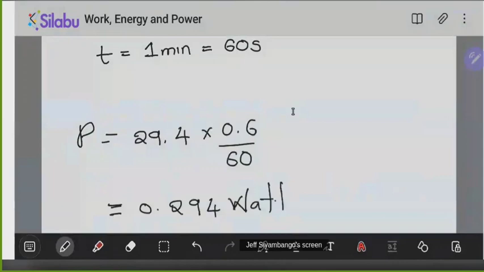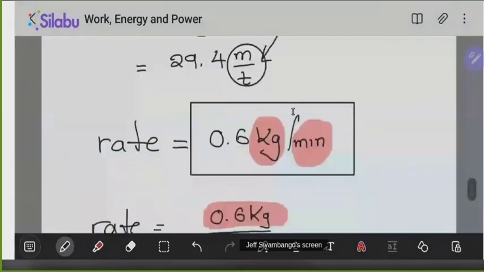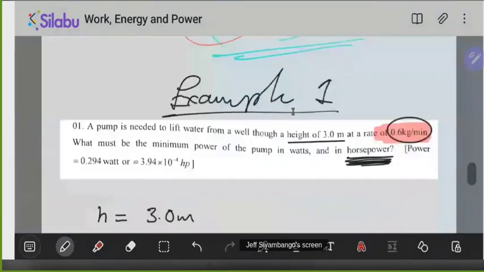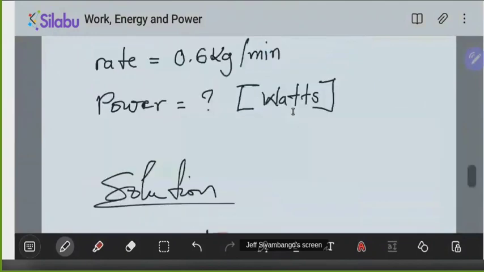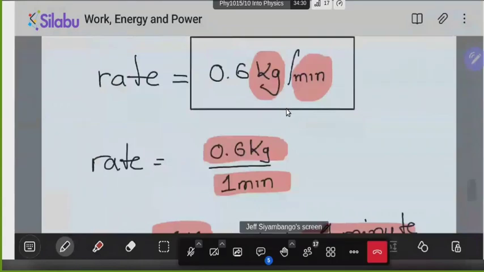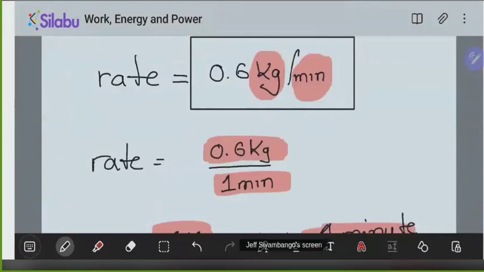And if you checked, this is the answer we expected. Where is it? Here. 0.294 watts. Any questions on this? Any questions there?